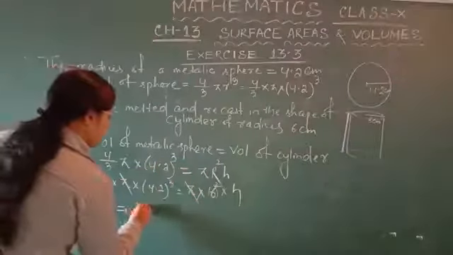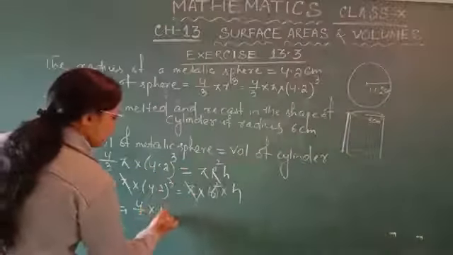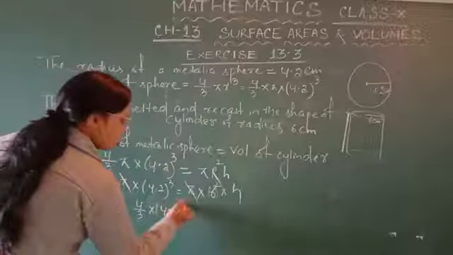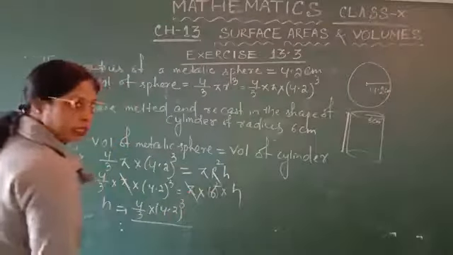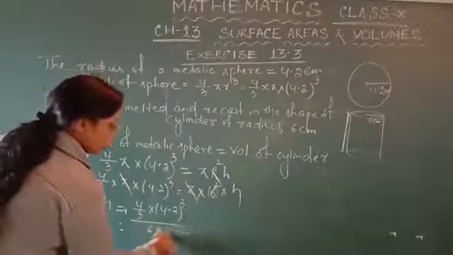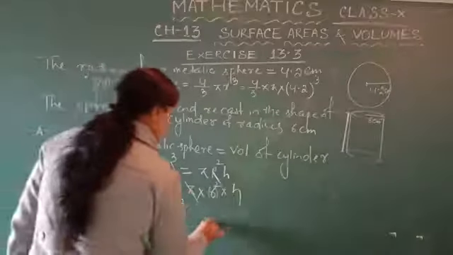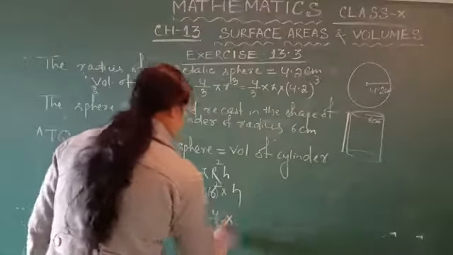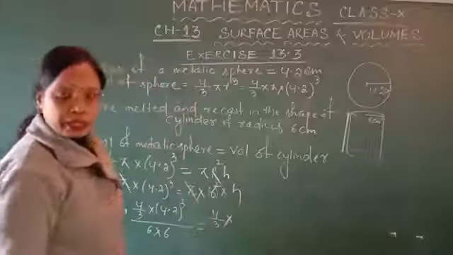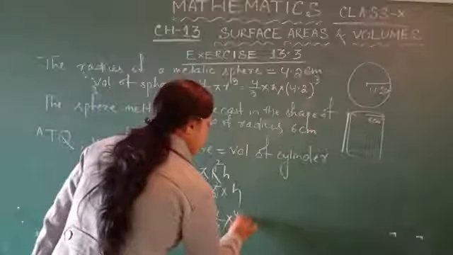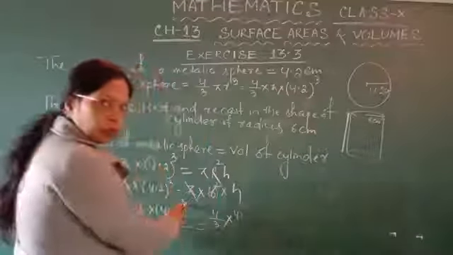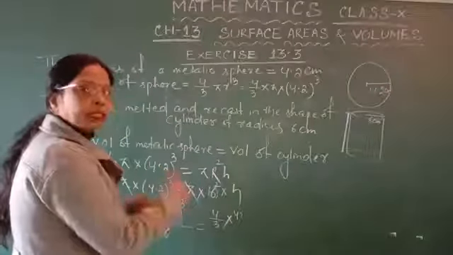So h is 4 upon 3 into 4.2 cube divided by 6 square, that is 6 into 6. Here 4.2 cube means 4.2 multiplied 3 times.